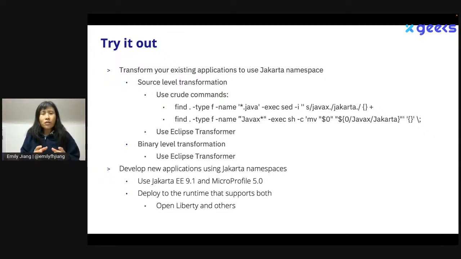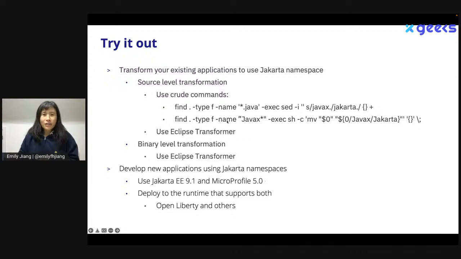If you want to try out the new MicroProfile 5.0, you can transform your existing application from javax to the Jakarta namespace. You can do a source-level transformation with a global replacement.